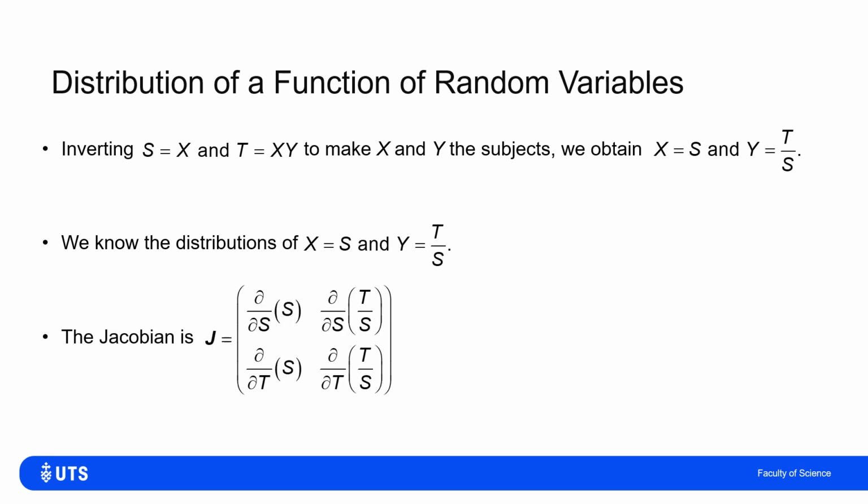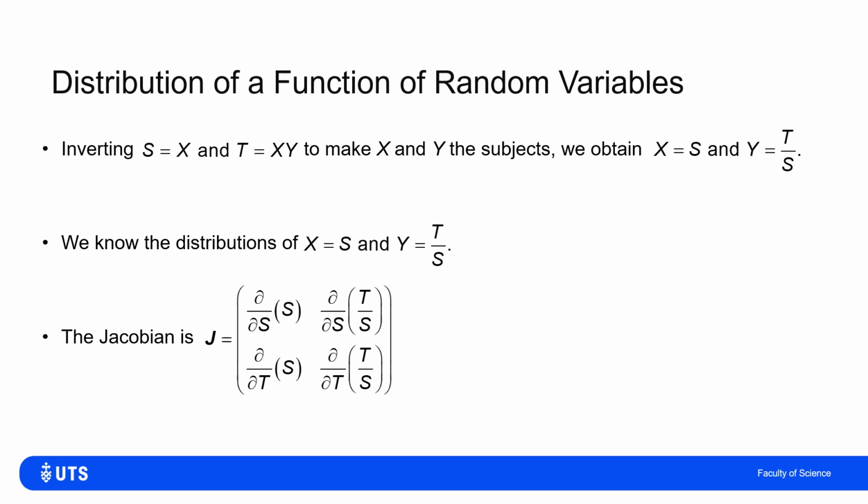But I need the Jacobian associated with this change of variable. I need to know the rate of change of x with respect to s, the rate of change of y with respect to s, the rate of change of x with respect to t, and y with respect to t.